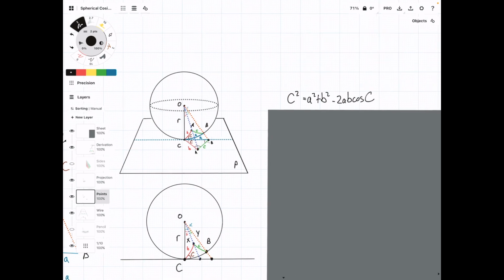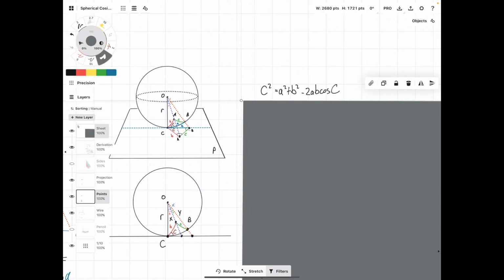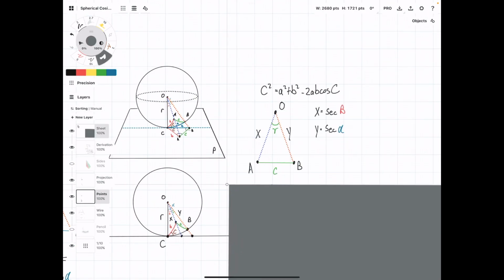Again, we're going to use our law of cosines to figure out what side C is. And here, just to help you visualize, I drew out this triangle on the front. Again, for the sake of being clear, it's this triangle here.